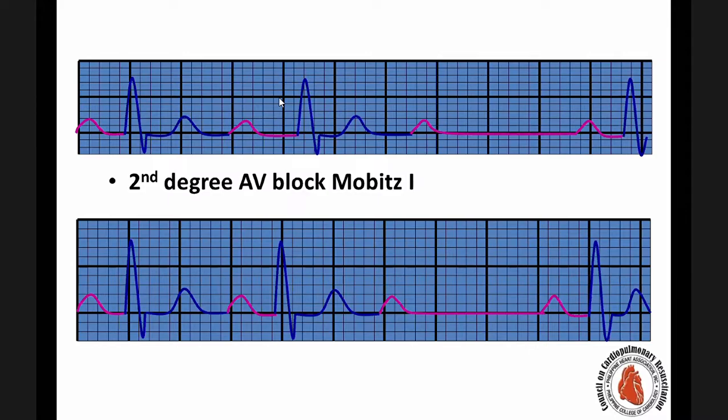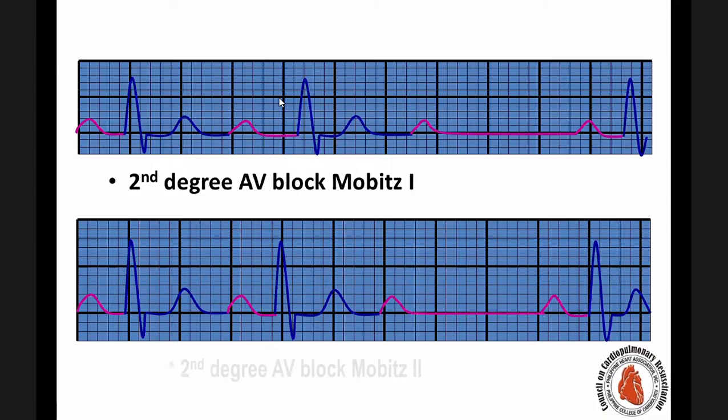In this example, you look at the P wave not followed by a QRS complex. This must be a drop beat. Ang sabi ko sa inyo, you look at the PR interval before the drop beat and the PR interval after the drop beat. If they are the same, that's a Mobitz type 2 or second degree AV block type 2. Nakuha nyo?